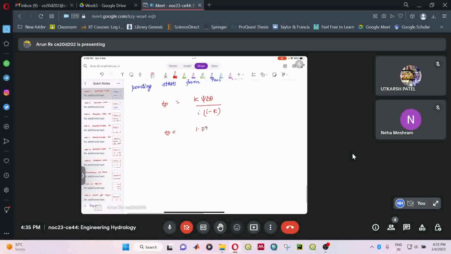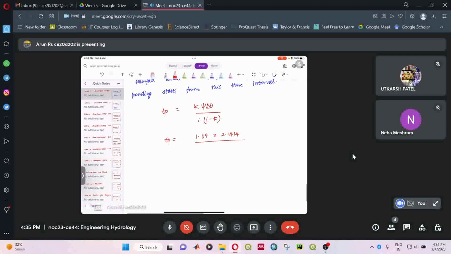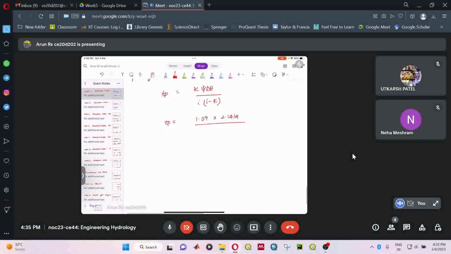So k is 1.09, this is 2.1414, divided by the rainfall intensity in this time step, 2.4, into (2.4 minus 1.09).